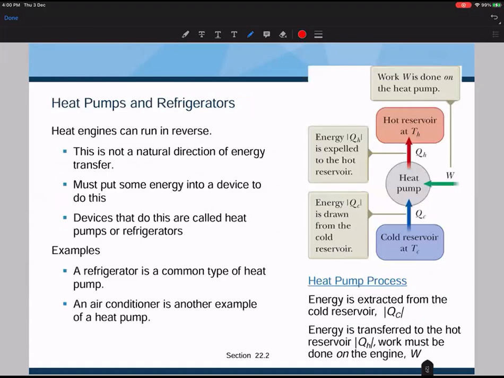And actually, when you consider the functioning of the heat engine, it could also be used in other forms. For example, it can be used in a reverse way as a heat pump or as a refrigerator. The main idea is that we are trying to pump away heat energy from a cold place.